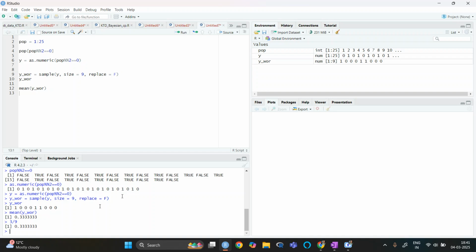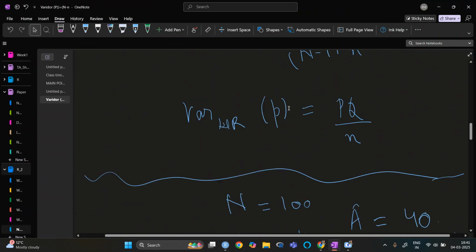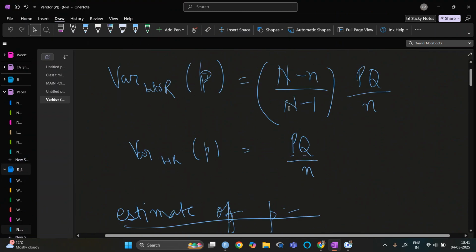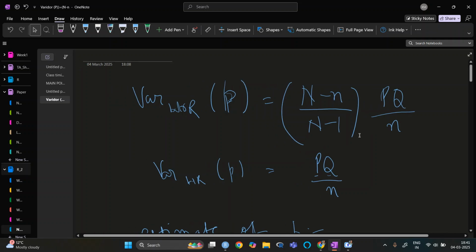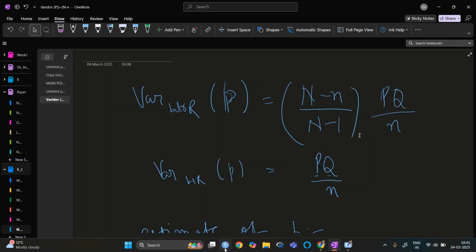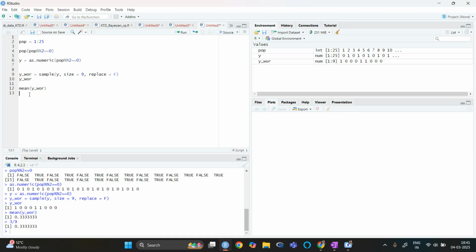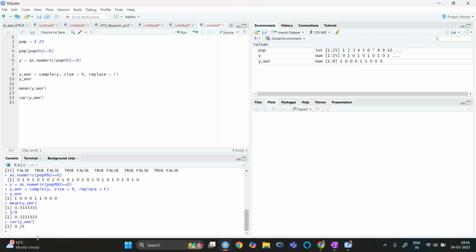Anyways, so the next thing, we have done the mean. The next thing we will do is take the variance of y. So variance of ywor, this one is 0.25.